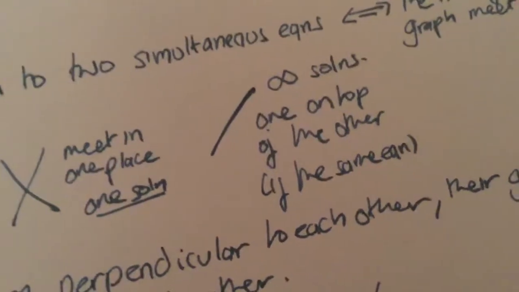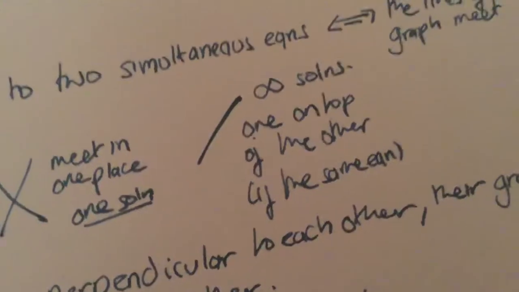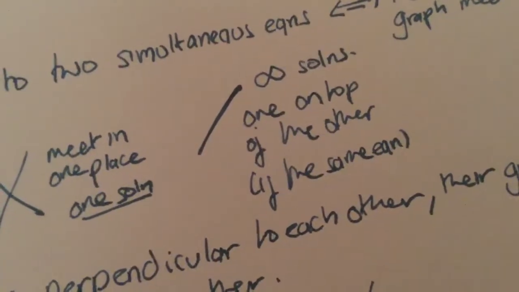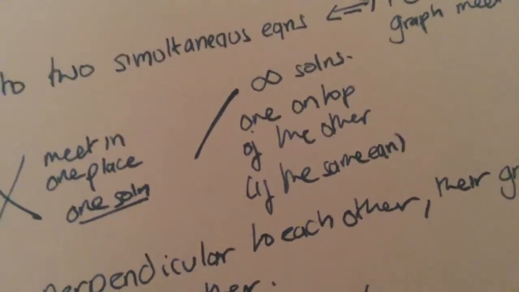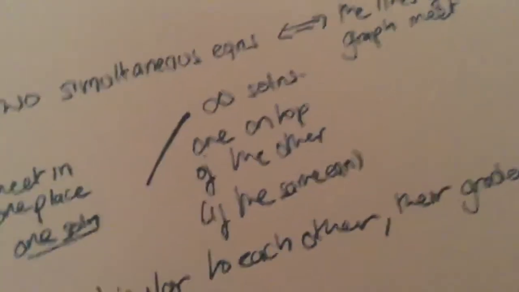So obviously they'd have infinitely many solutions. Every single point on that line is a solution because both lines are on it. Incredibly rare. In fact, you probably won't get that until you start talking about things like vector lines. They turn up there sometimes. Further mathematicians, you've been warned. Also, you guys will be warned for later on.